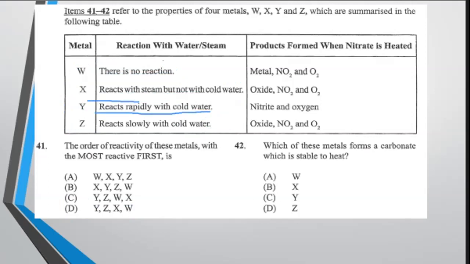This one would most likely form a carbonate here because we have the nitrite and oxygen. So yes, this one is most likely going to form the carbonate. This is one of those questions where either you know this one or you didn't. Because it's reacting rapidly with cold water, it's also able to form a carbonate which is stable to heat.